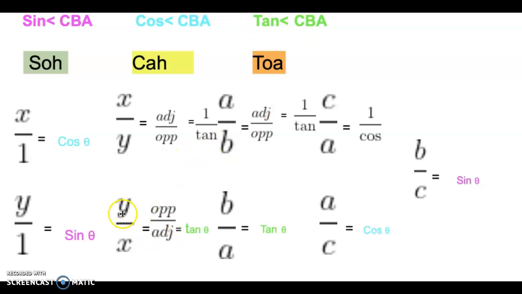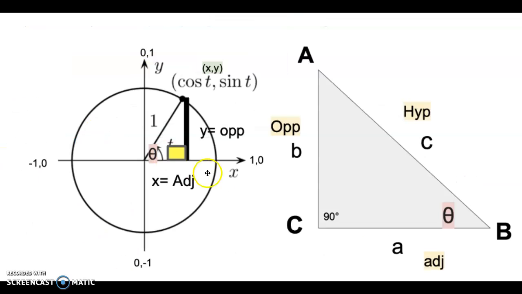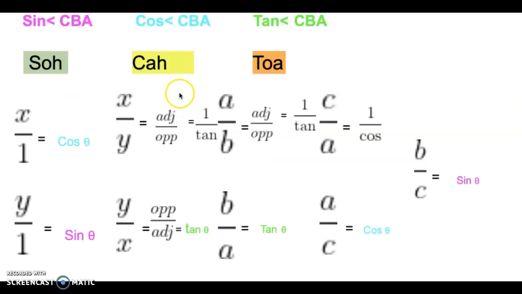Now we go to y over x, which is opposite over adjacent. That does correlate to one of these: opposite over adjacent is tangent. So it's equivalent to tangent. Here we have the ratio a over b.